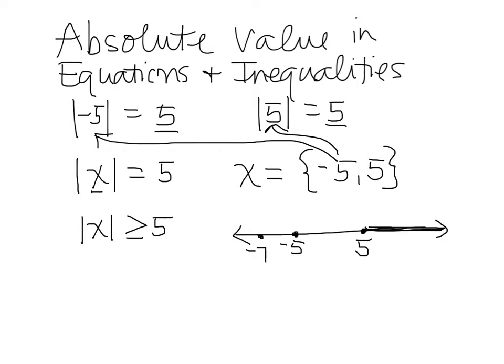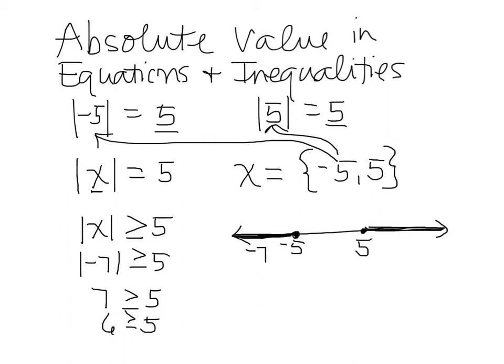And since 7 is greater than or equal to 5, that is true. And you can see as I go to the left on my number line, the absolute value increases. The absolute value of -6 is +6, and 6 is greater than 5. And the further away I get, the greater the absolute value.